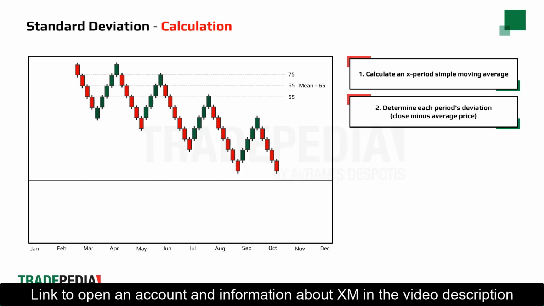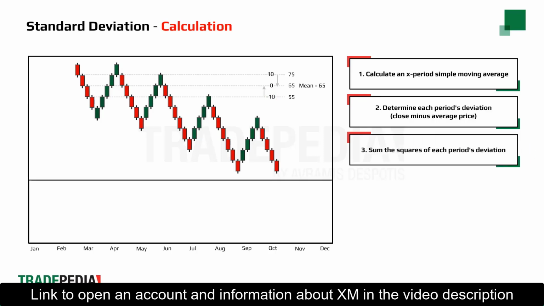The second step is to determine each period's deviation from this average. Our first close is 75 minus the average of 65, which results in 10. 65 minus 65 is 0, and our third point, 55 minus 65, results in negative 10.